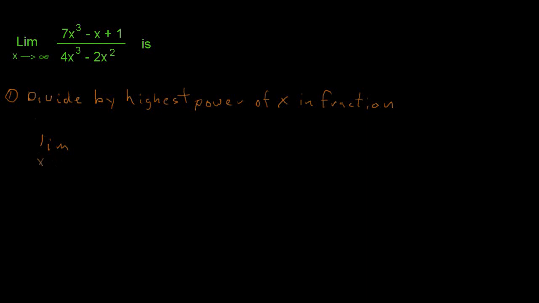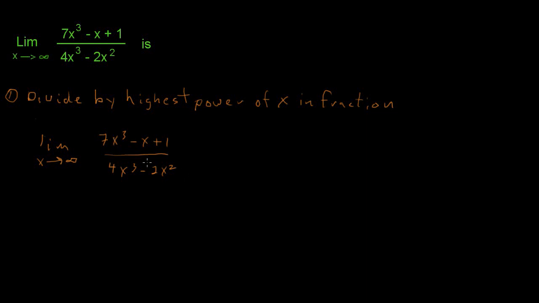Okay, so let's just rewrite our problem down again. We have the limit as x approaches infinity of 7x cubed minus x plus 1 in the numerator, and in the denominator we have 4x cubed minus 2x squared.